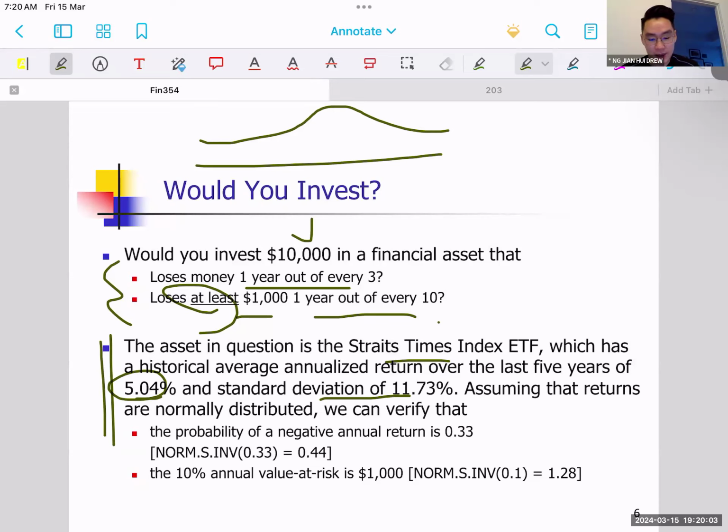We want to determine this portion here, given by 0.33, versus the portion here given by 10%, which would be somewhere here, 0.1. So we want to determine what the losses are here and here. This is an informal example.